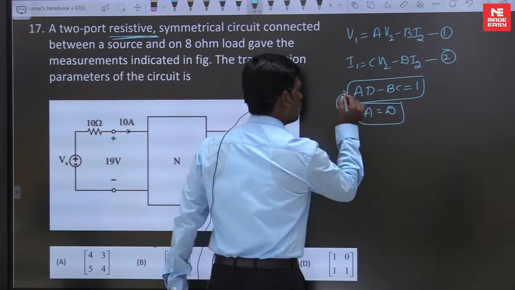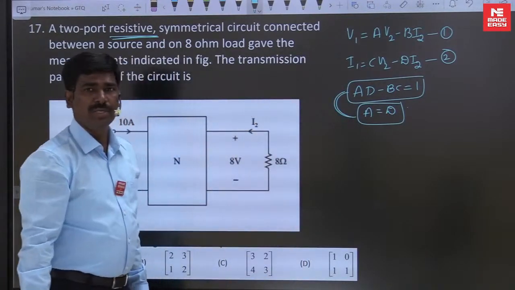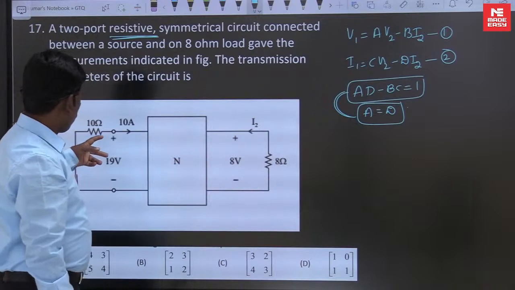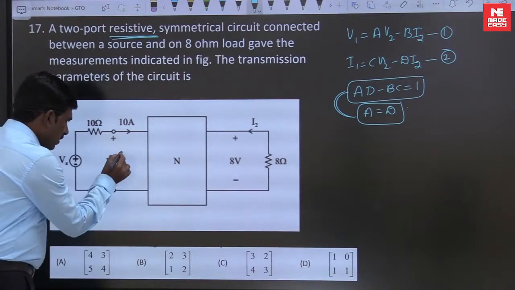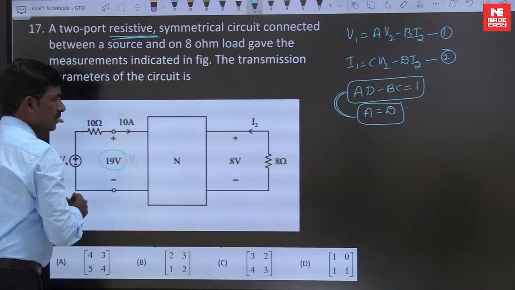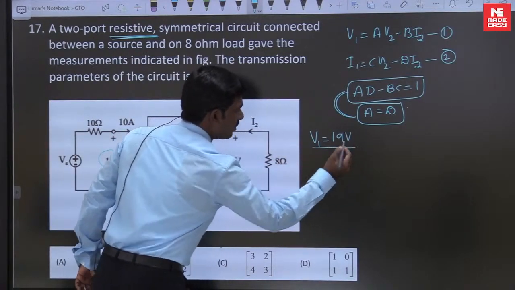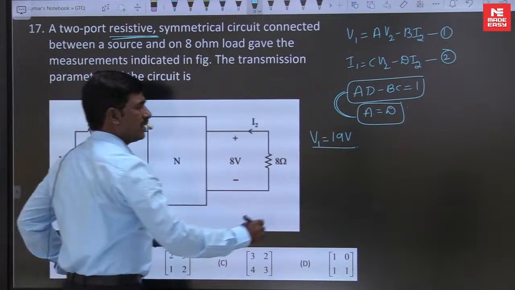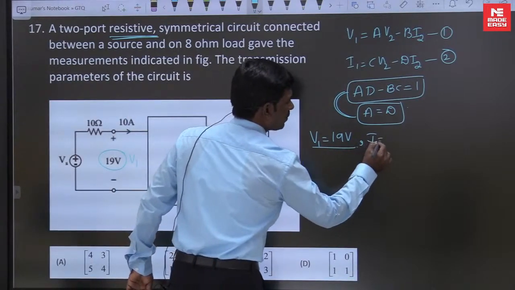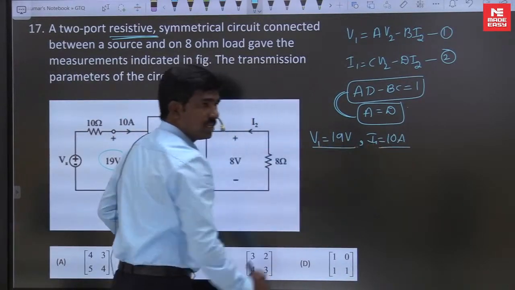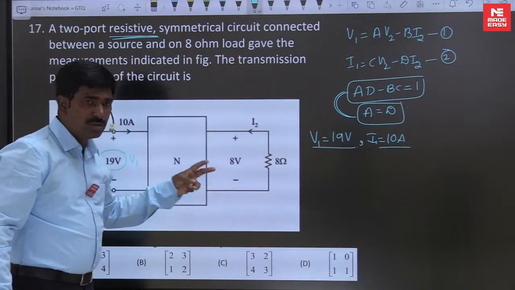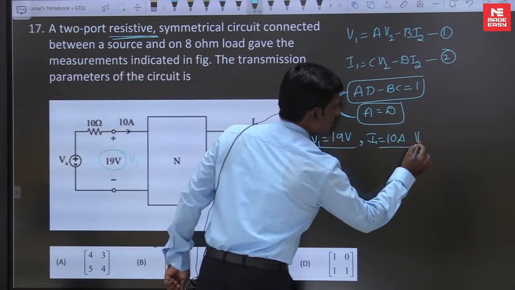Using these two, find the ABCD values. From the given information, V1 is equal to 19 volts. I1 is 10 amperes. V2 is equal to 8 volts.